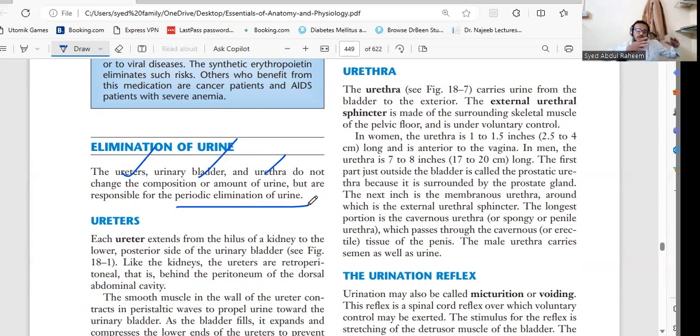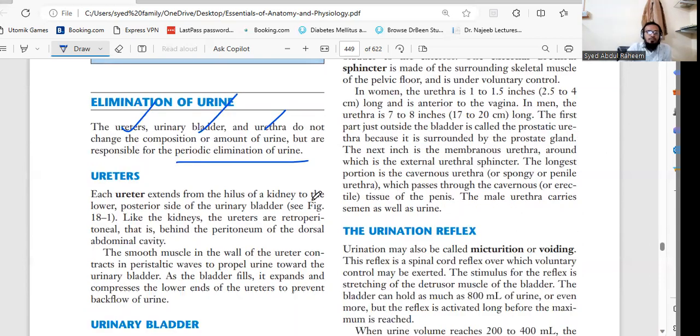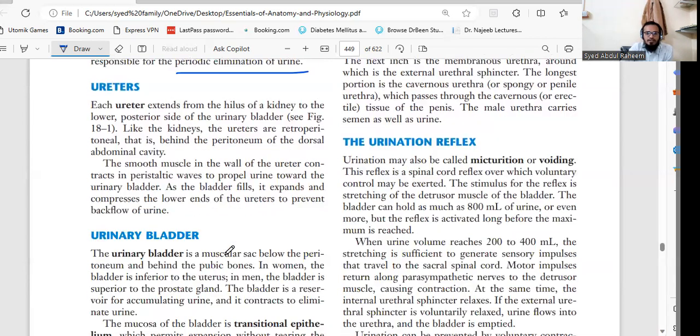They are responsible for eliminating, releasing the urine from the body. Each ureter extends from the hilus of a kidney to the lower posterior side of the urinary bladder. Like the kidneys, the ureters are retroperitoneal, that is, behind the peritoneum of the dorsal abdominal cavity. The smooth muscle in the wall of the ureter contracts in peristaltic waves to propel urine towards the urinary bladder.